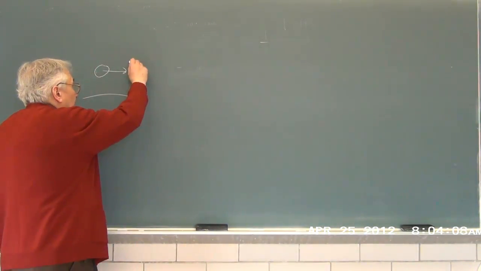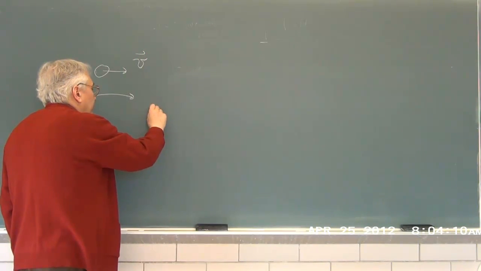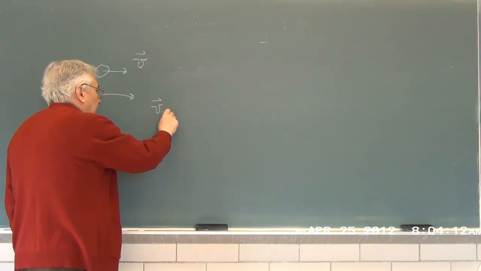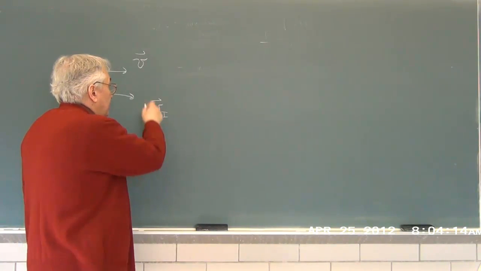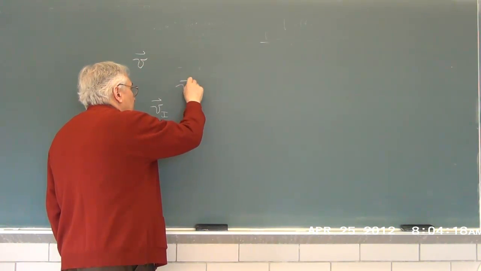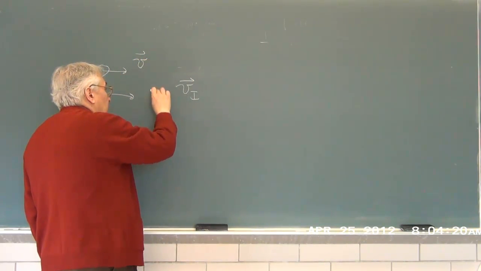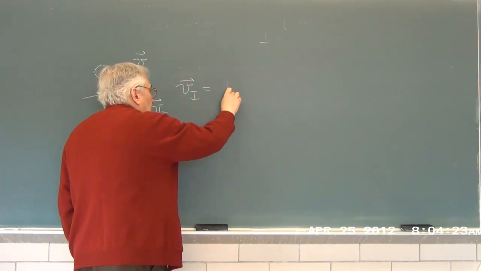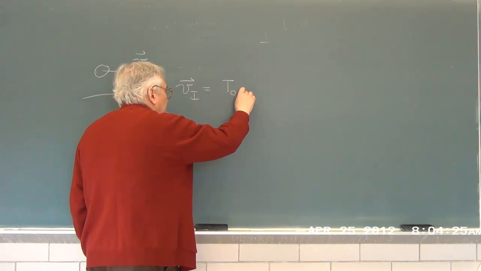Given that we have a velocity here and an induced velocity there, we can ask how these are related. We want something that maps a vector onto a vector, and that is the Oseen tensor.